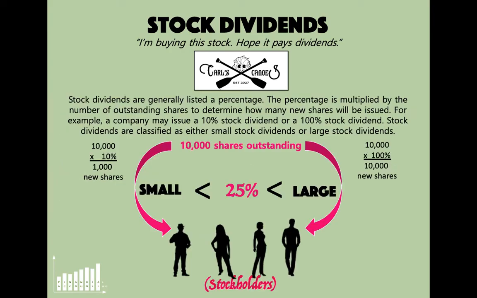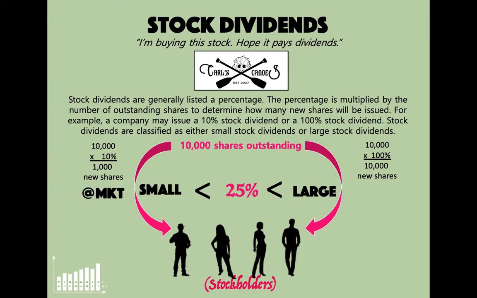So, stock dividends are generally listed as a percentage, as we said. We care about this 25% line in the sand because we account for small stock dividends and large stock dividends differently.